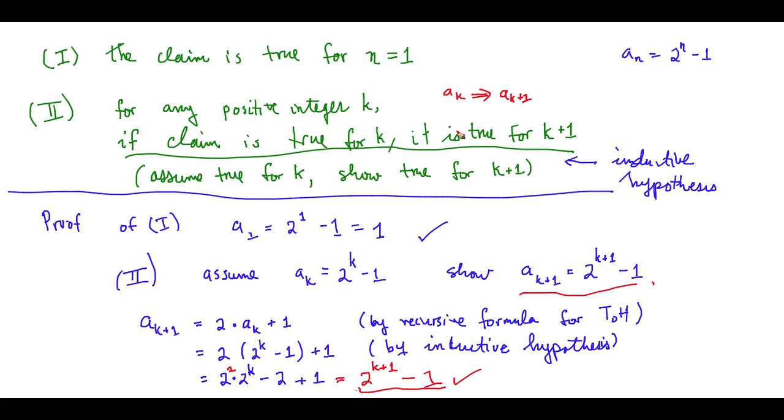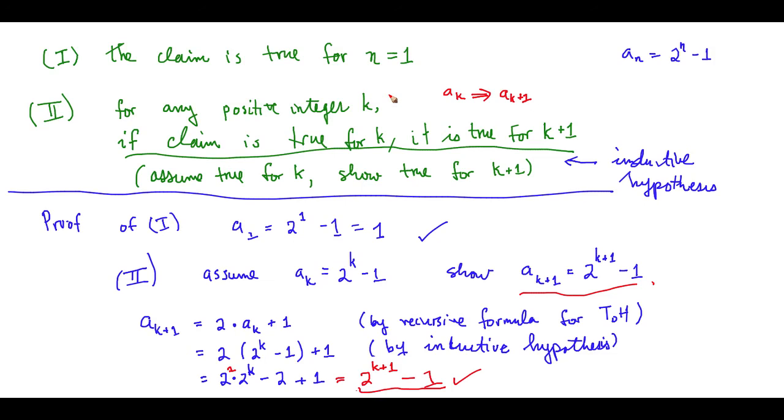So for all possible positive integers, if the claim is true for k, it must also be true for k plus 1. So then that means, combined with step 1 here, the claim is true for all positive integers, starting from 1 and above.